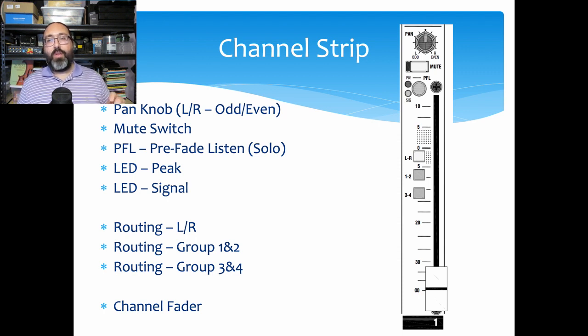So if you select it to group 1 and 2 and you pan it all the way to the left, it'll be odd. So it'll only come out group number 1. By the same token, if you pan it over to the right, it will only come out of group number 2. So it allows you to match those pannings out of the channel into your groups, which will become important if you decide to use groups.